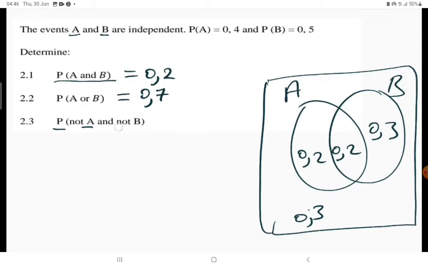Now we are looking for the probability of not A and not B. So it must not be in A and not in B, right? So that means it has to be this one.